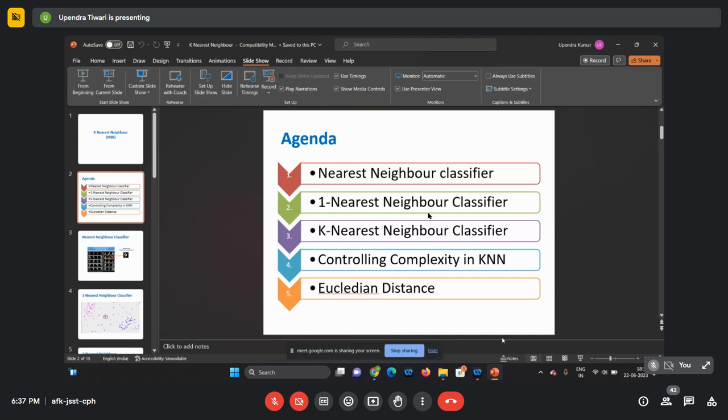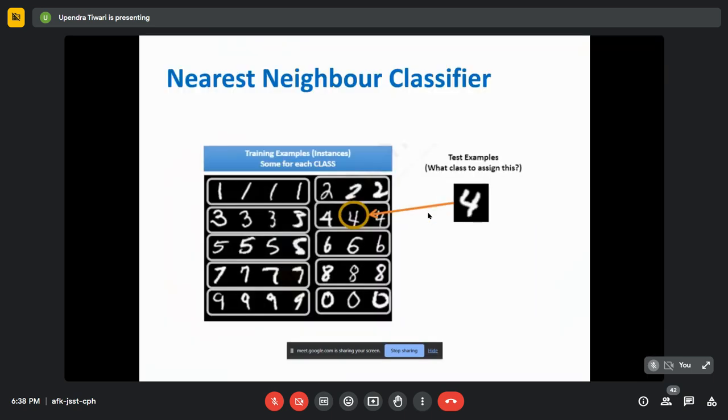So here, first of all, let's talk about the nearest neighbor classifier. We are going to classify an input, and on the basis of that input, we will predict which output it exactly belongs to. For example, consider a data set which consists of digits 0 to 9.